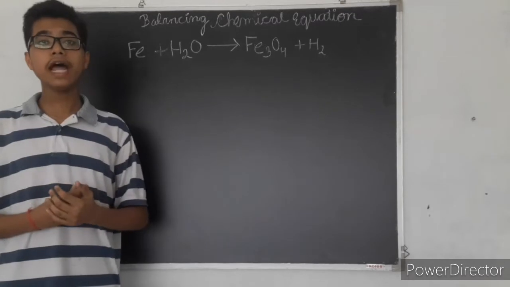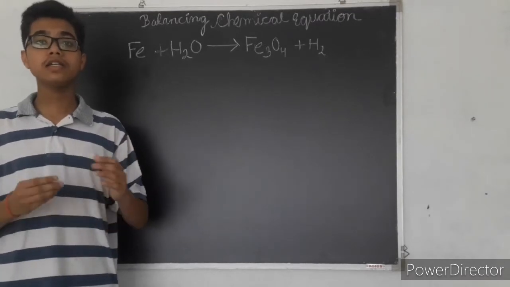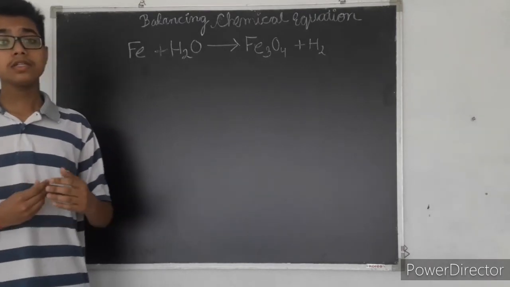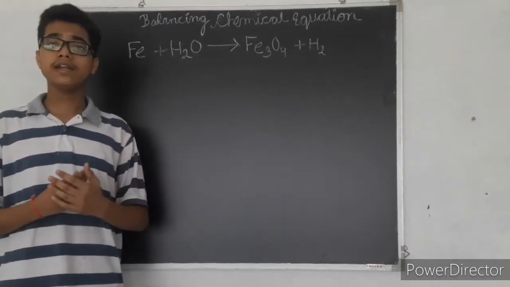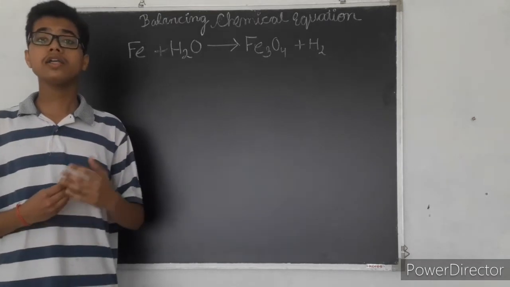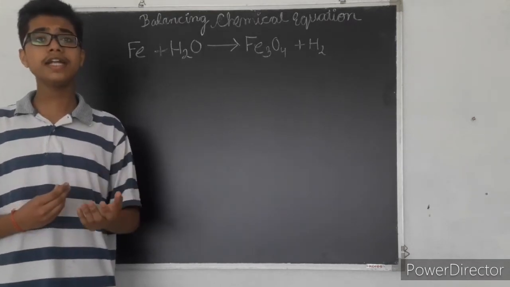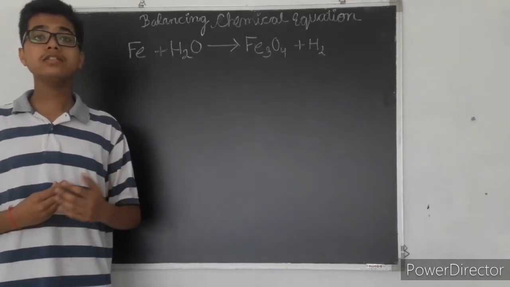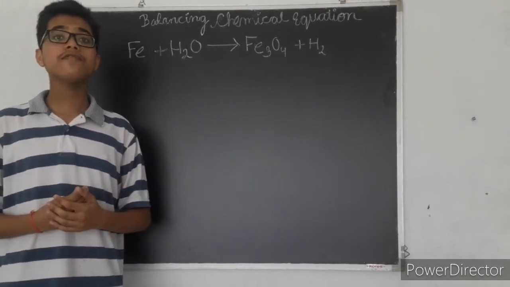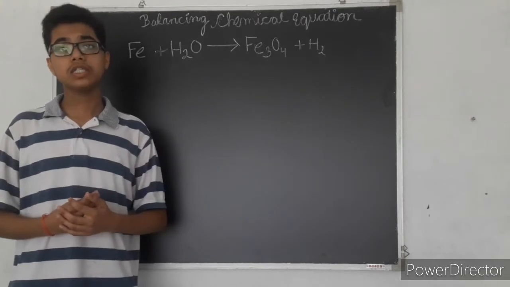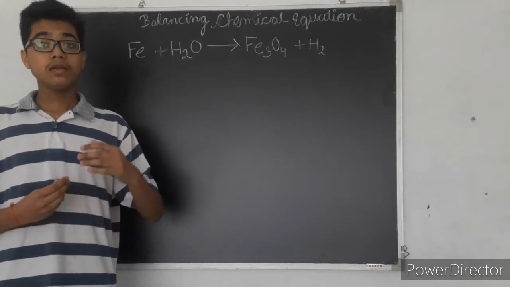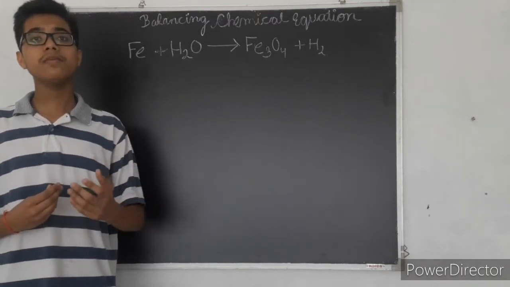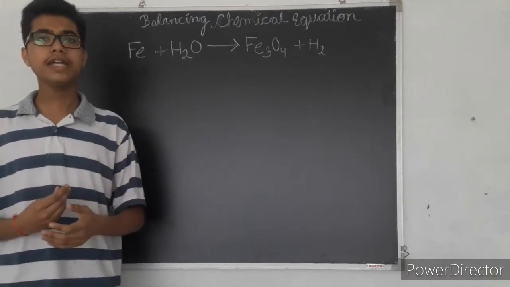We have to prove that the law of conservation of matter is true, and the law of conservation of matter means that matter cannot be destroyed or created during a chemical reaction. If we do not balance the chemical equation, it will show that some elements are destroyed or some elements are created.